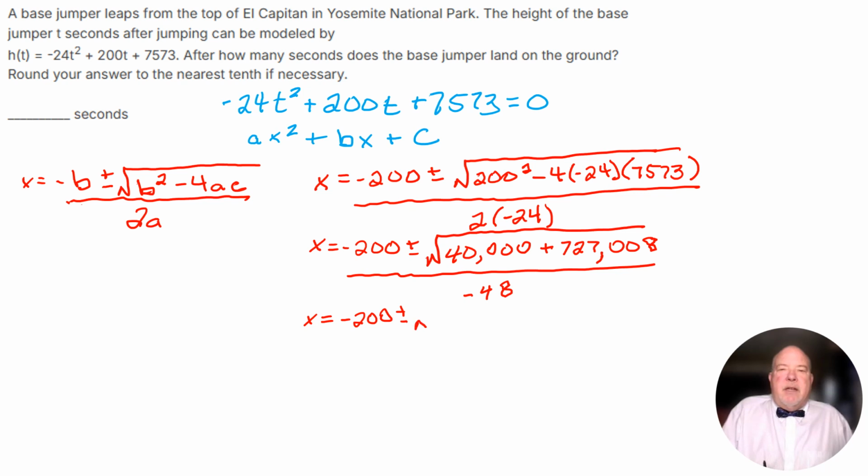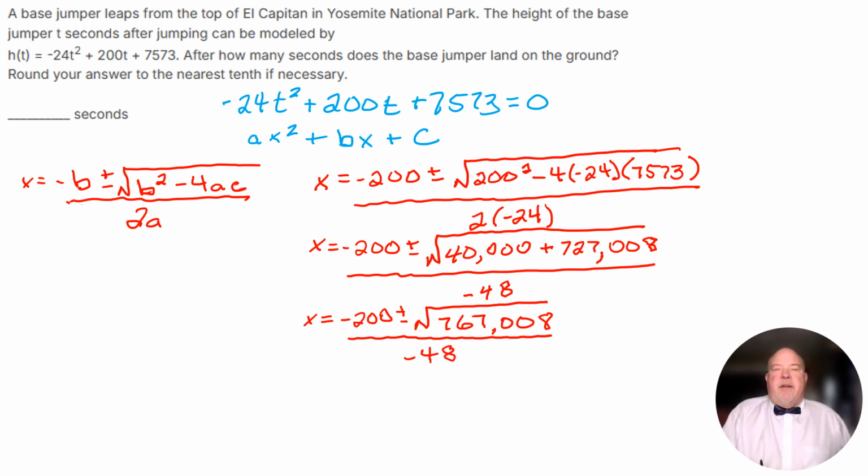I add those together and I get 767,008. And then that's divided by negative 48. So let's go ahead and do the square root of 767,008. I am going to run out of room.